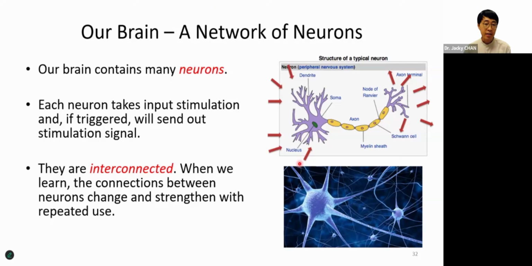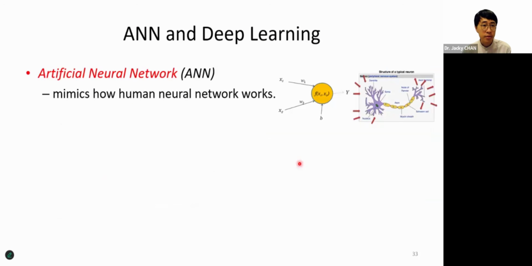Building up this kind of connection is what we call learning, tuning the strength of the connections. And then deep learning tries to mimic this process with something called the ANN, artificial neural network.